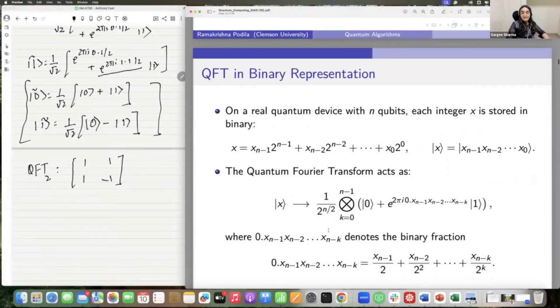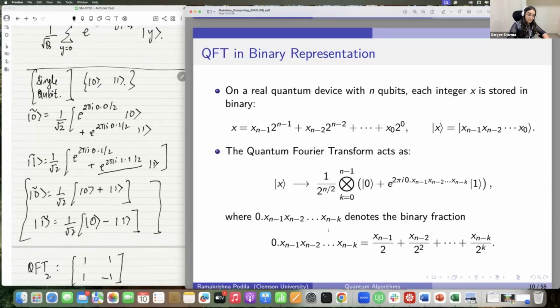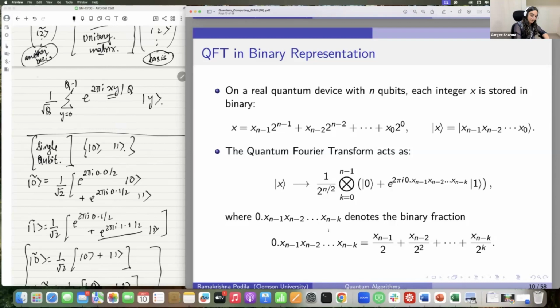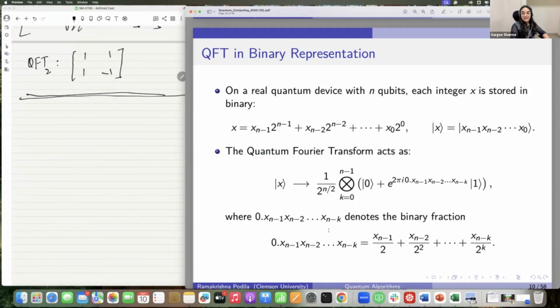Right. So now let's go to multiple qubits. In the formula I had something like x times y. How do I encode that when I have multiple qubits? You can go to the binary representation. On a real quantum device with n qubits, each integer x is stored in binary.